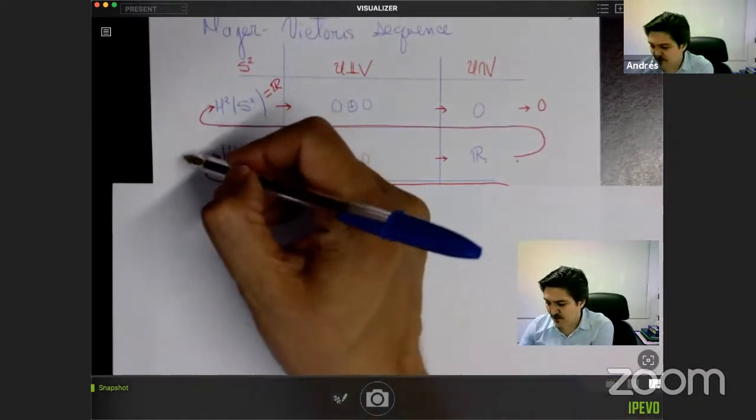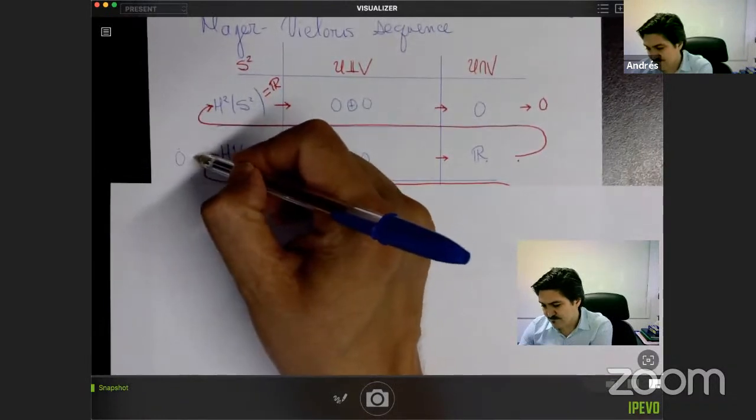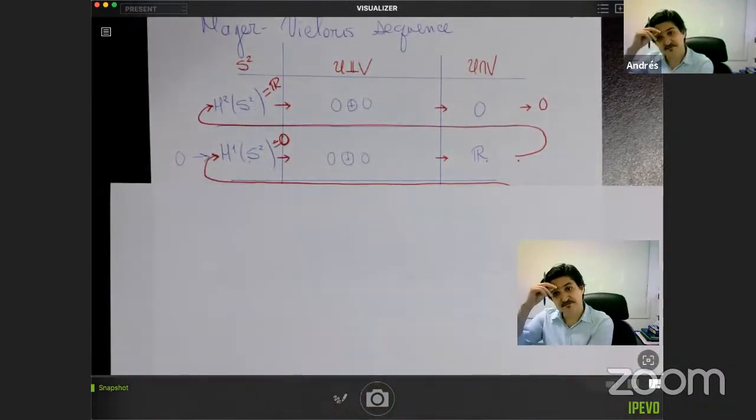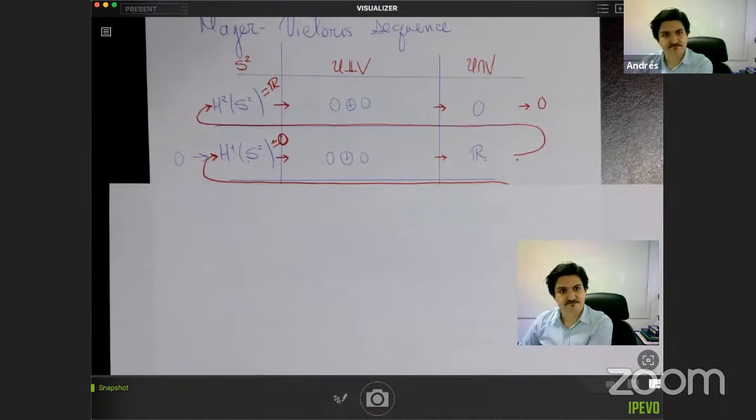You can just put here a 0 and start. When the manifold, U, V, and the intersection are connected.